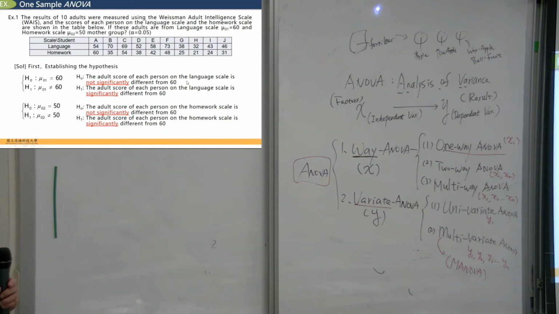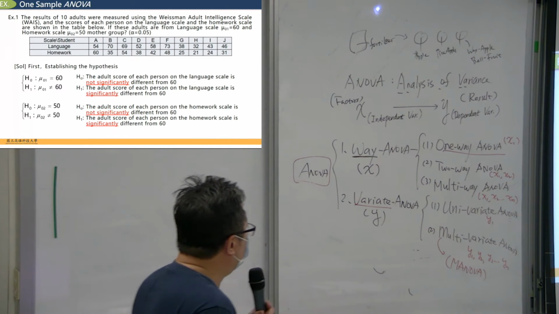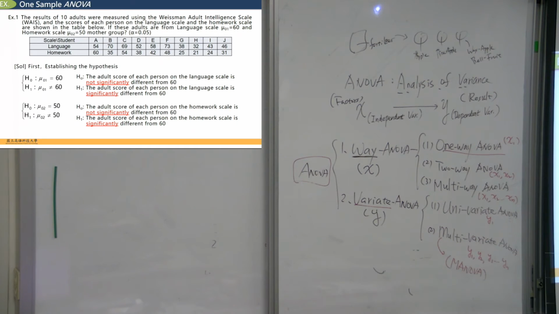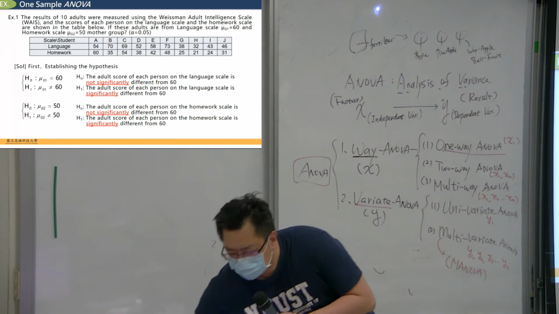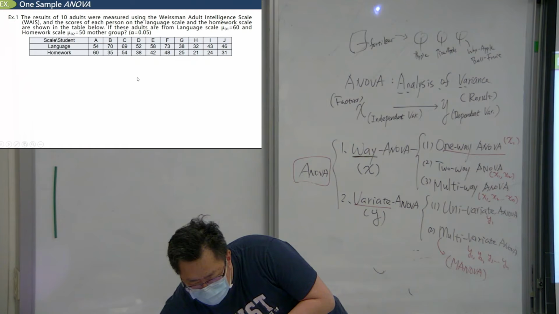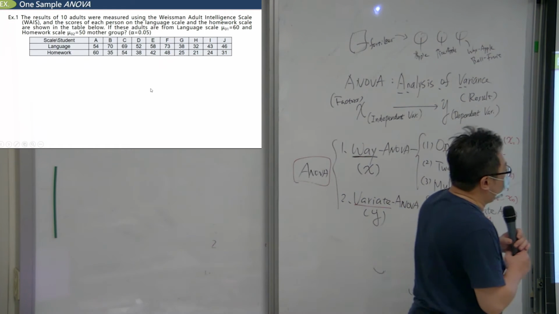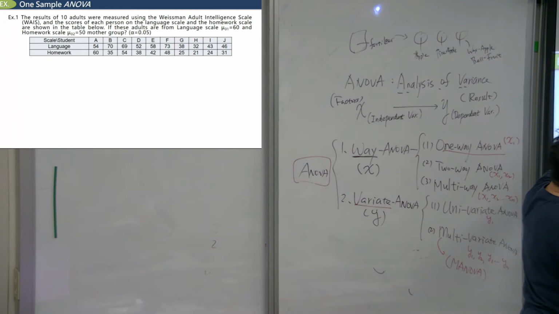Okay, I give you one sample ANOVA, okay? One sample ANOVA. Here. If we have data from 10 adults, we measure their IQ, their intelligence scale.